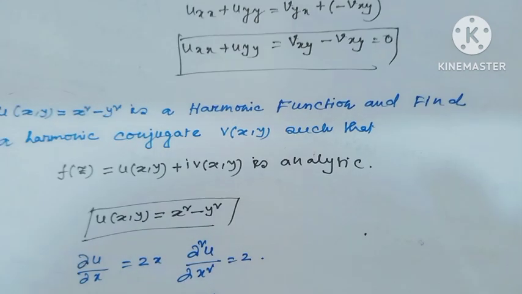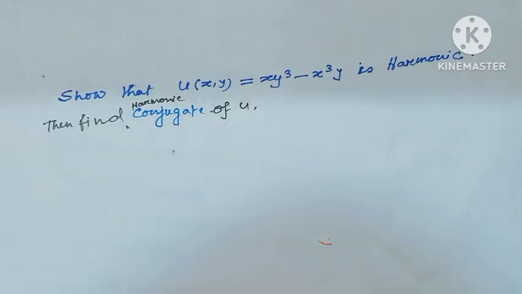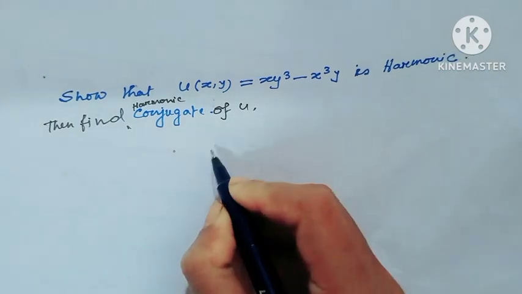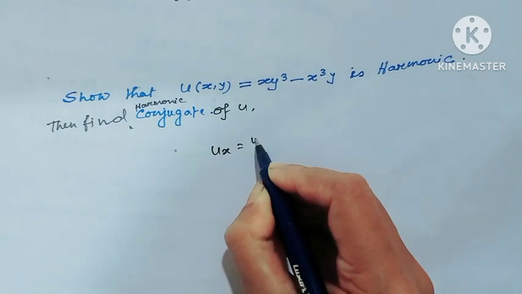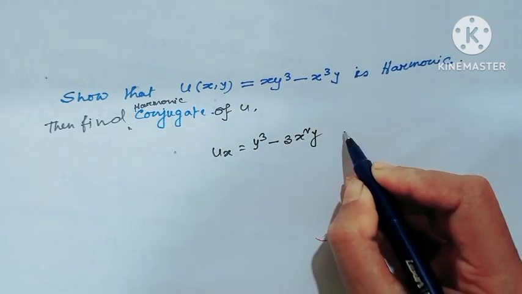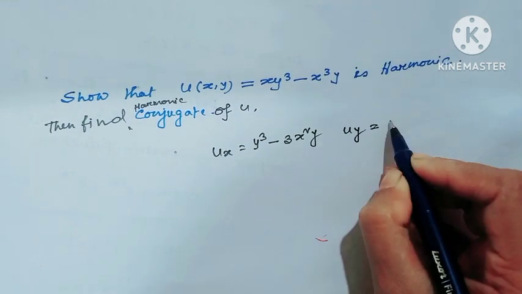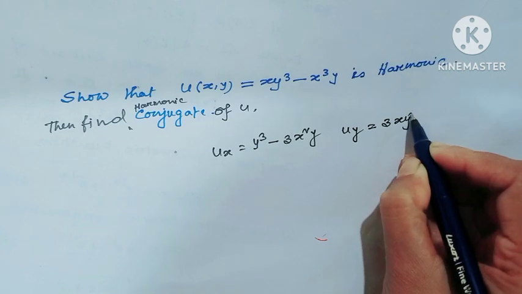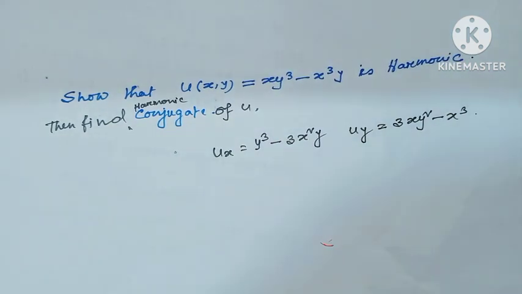Now I will see a similar type of example. At first I will take u(x,y) equal to y cube x minus x cube y, and first I will check that this is harmonic. Then I will find what is the harmonic conjugate of u. For this, u_x equal to y cube minus 3x square y and u_y equal to 3xy square minus x cube.